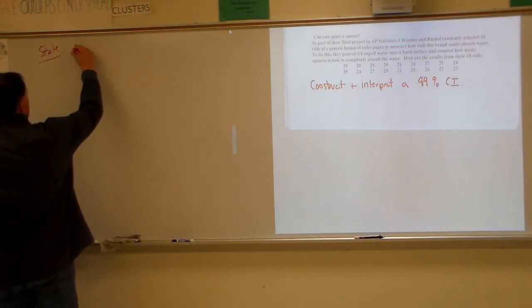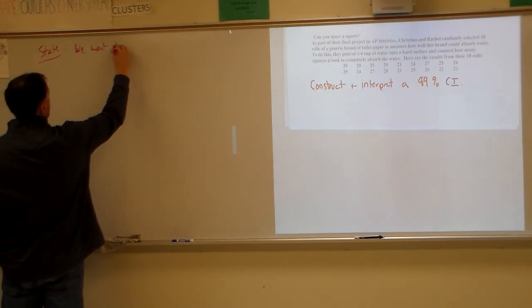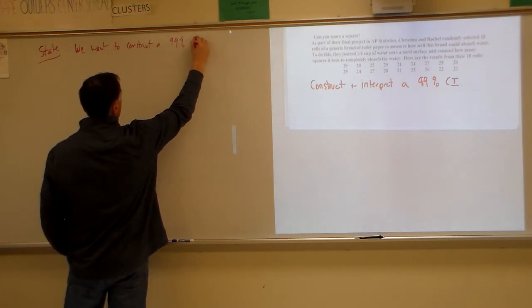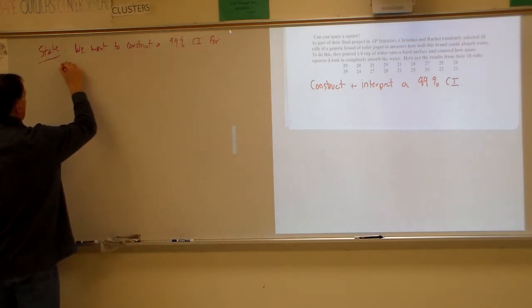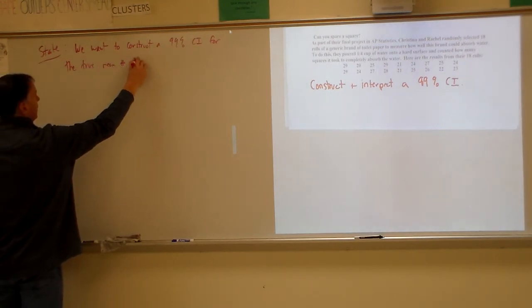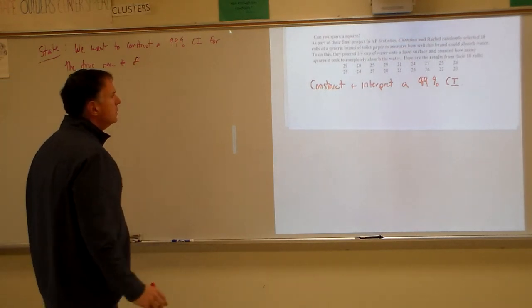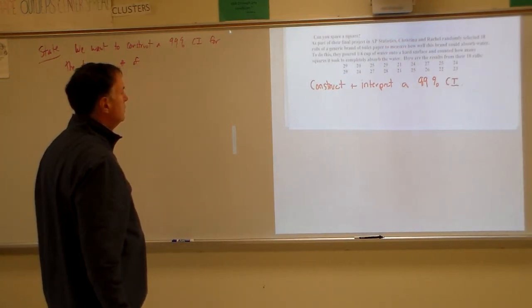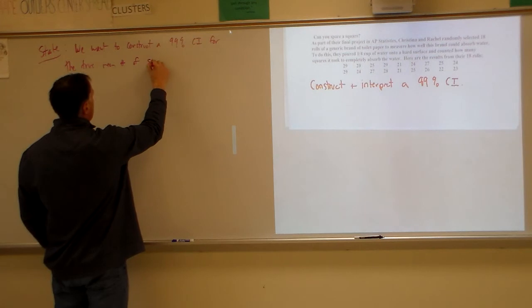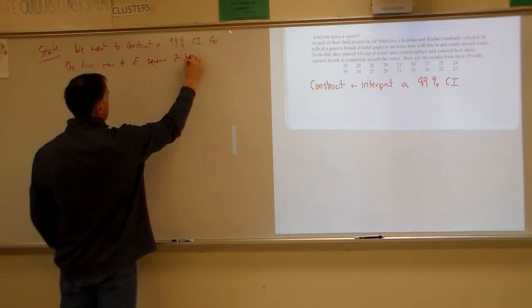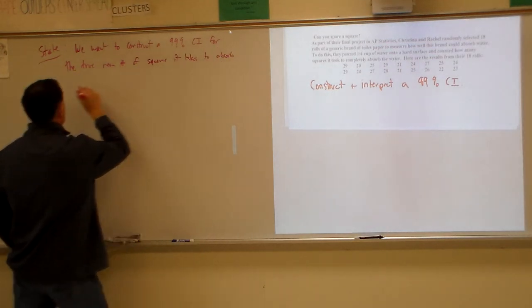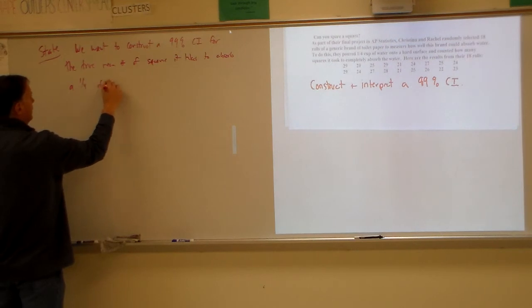We want to construct a 99% confidence interval for the true mean number of squares it takes to absorb a quarter cup of water.